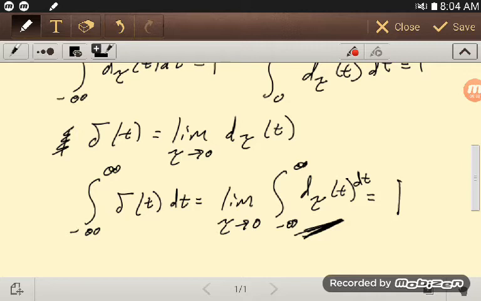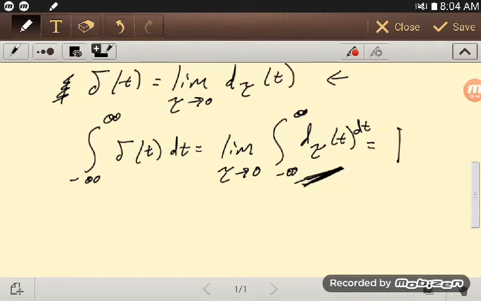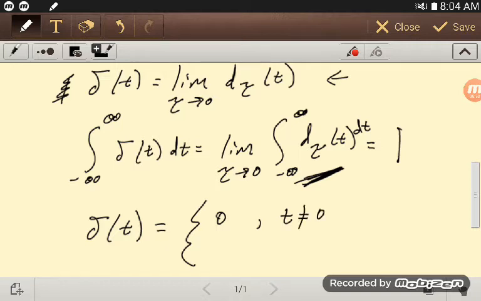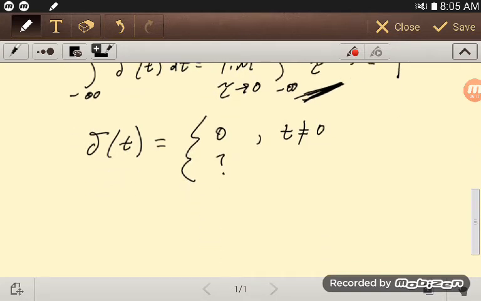So we've created this function such that it equals 0 if t is not equal to 0, and we don't really have a value for it at 0. You could say, is it infinity?